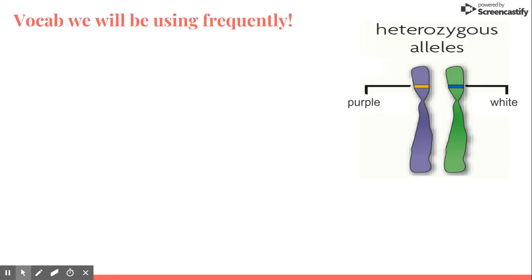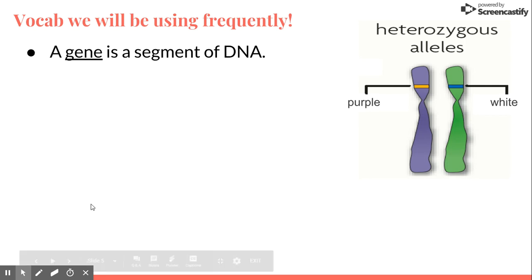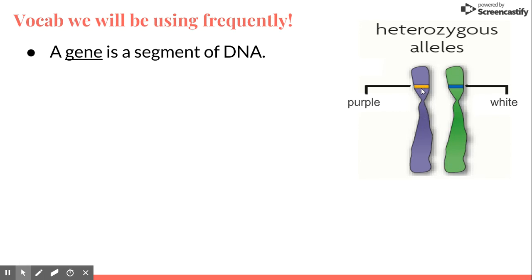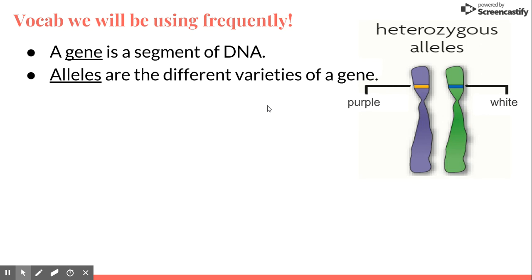So, the rest of this video is going to be some vocab that we're going to use. A gene is a segment of DNA. A gene can be found on a chromosome. My picture here has a gene highlighted in yellow, and on this chromosome it's highlighted in blue. Alleles are different varieties.